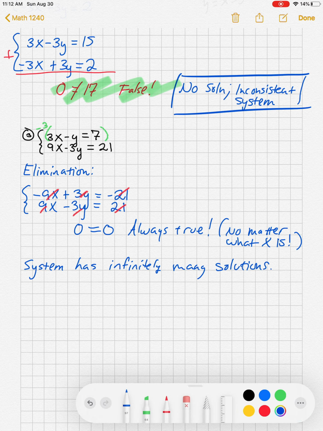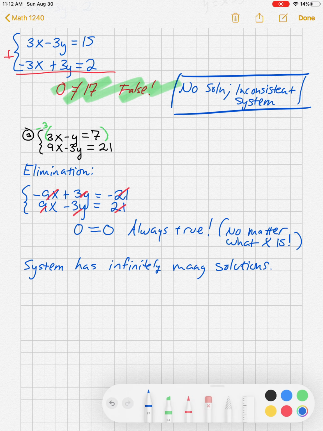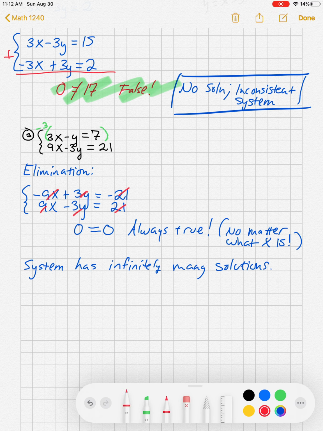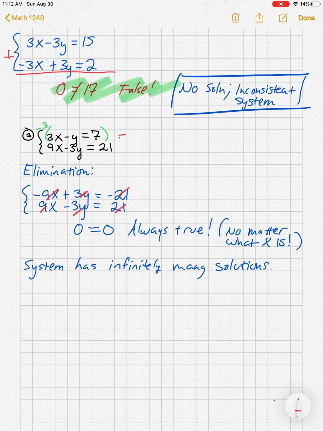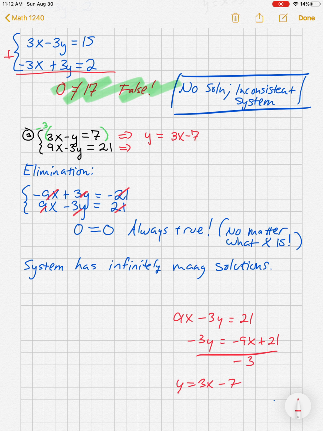Let's look at this graphically for a second. Let me solve the equations here for y. This one would be y equals 3x minus 7. Let me look at this for a second down here. So 3x, oh, look at that.